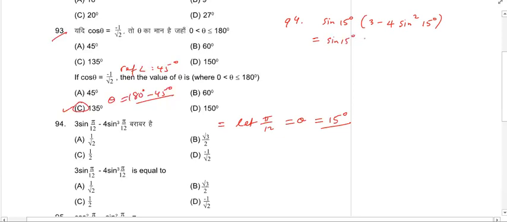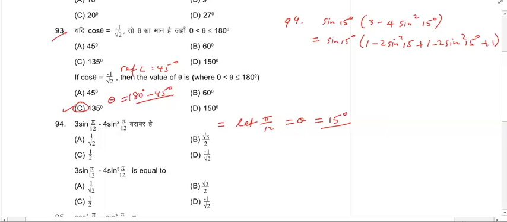Which is equal to sine of 15 degrees into 3 minus... I'm trying to make this 2 sine squared 15 minus 2, so let's break up the 3. Let us break the 3 into 1 minus 2 sine squared 15 plus 1 minus 2 sine squared 15 plus 1.